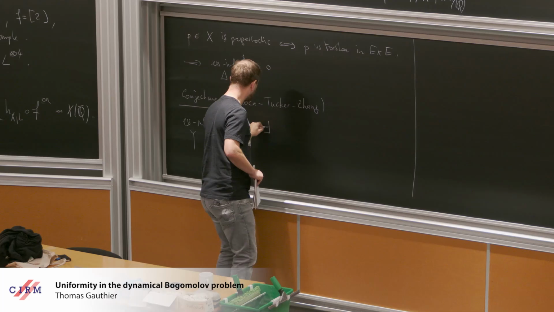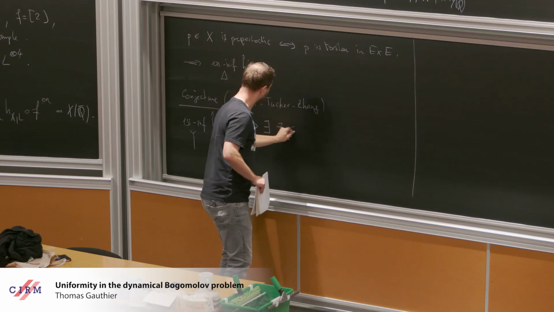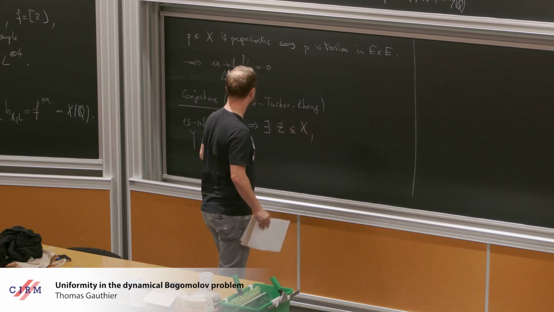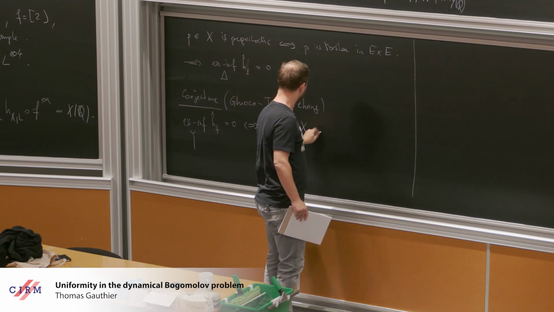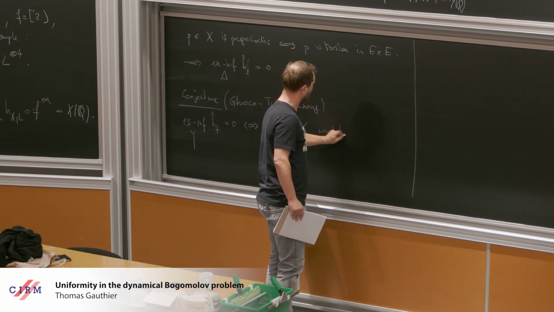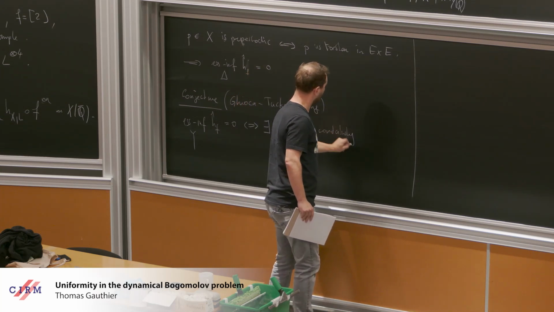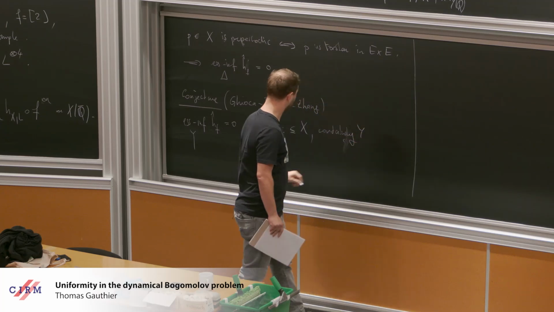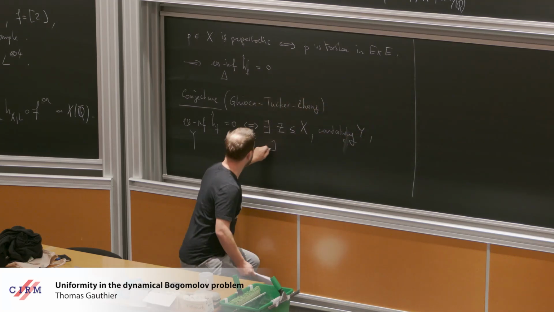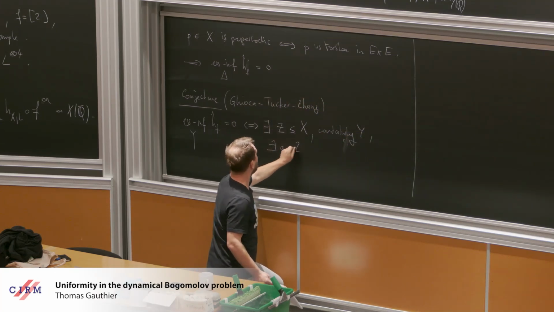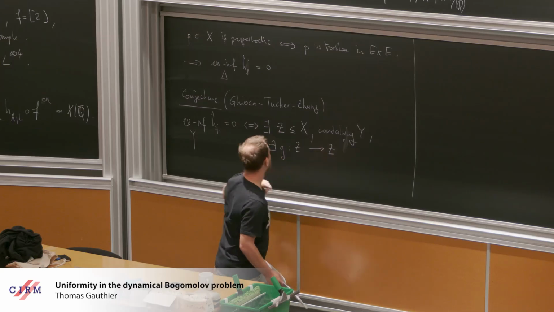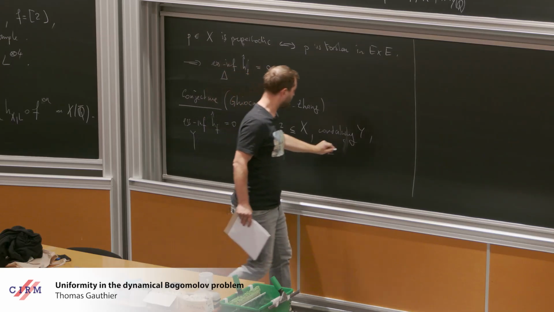So there exists Z, a subvariety of X, containing Y, and there exists G from Z to Z, which is polarized also.